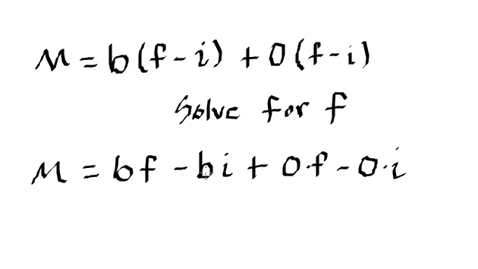Okay. So I need to get this BI over here to the left side of the equal sign and this O times I over to the left hand side of the equal sign. And because we have a minus BI, I'm going to add a BI to this side, but we've got to also add one to the other side over here. And we need to add an OI also.